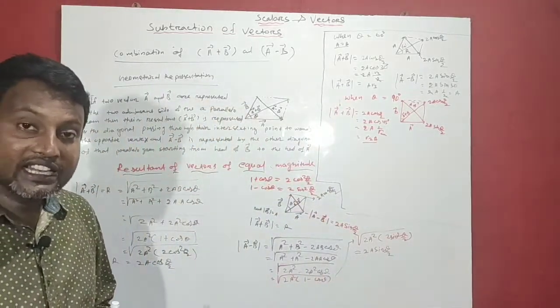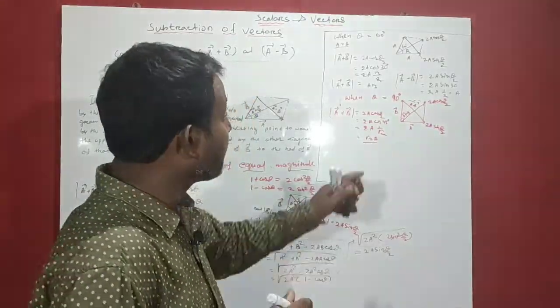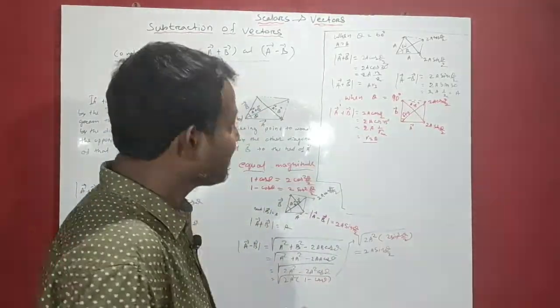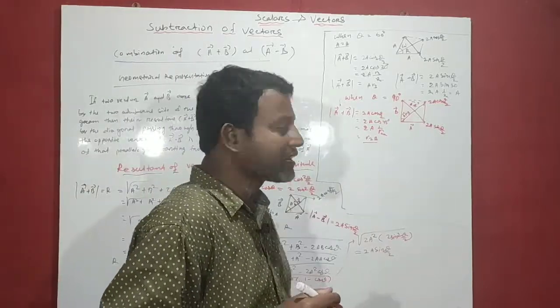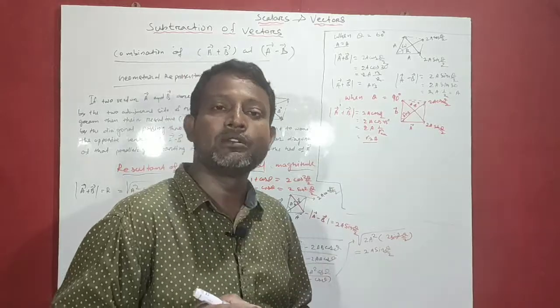That means when the angle between two vectors having equal magnitude is 90 degree, then their resultant vector is root 2 times the magnitude of each individual vector.